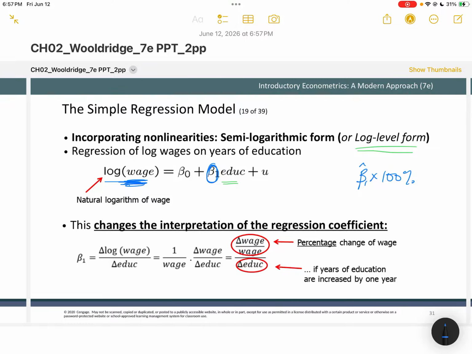So we'll say that for every unit increase in education, wages increase by beta 1 times 100%. So this is known as the semi-log form.